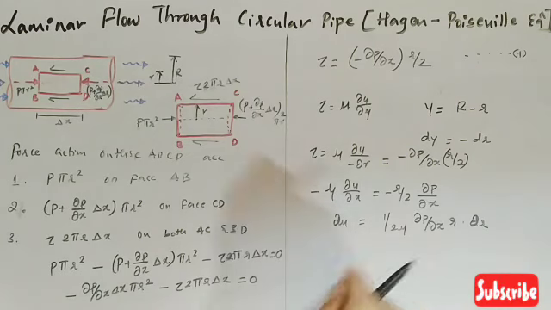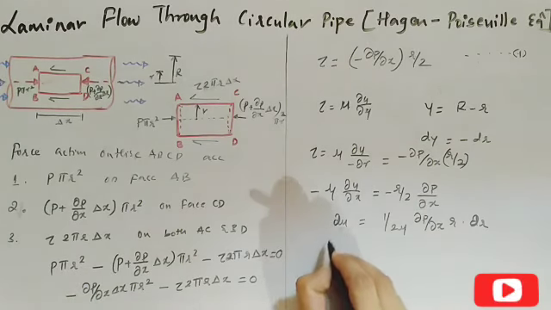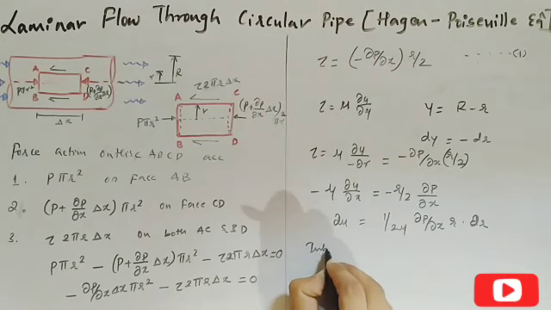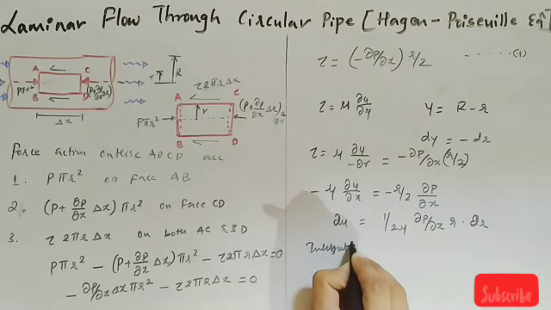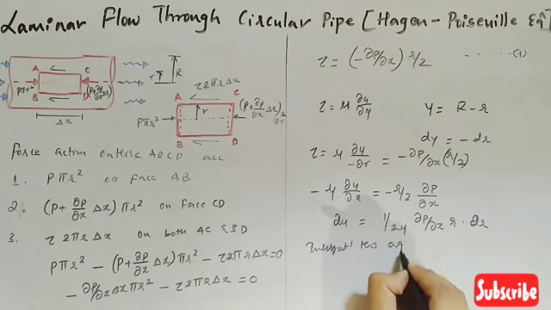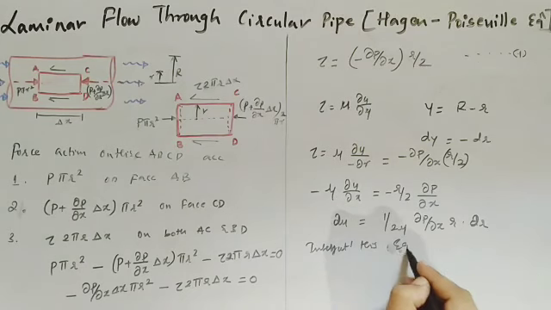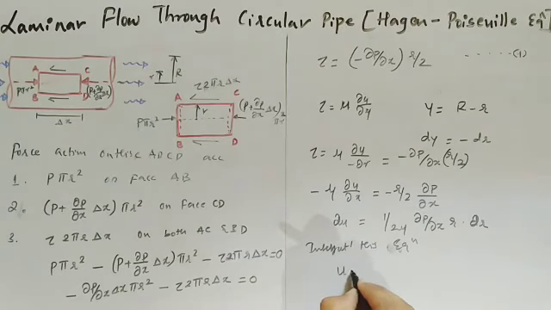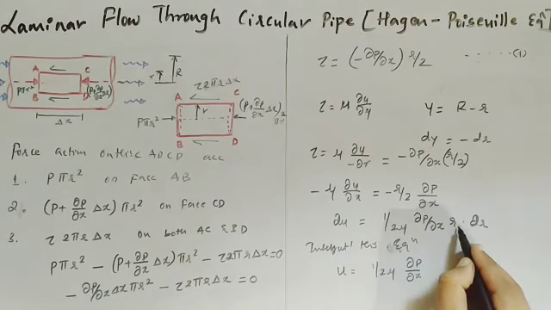Now if I integrate this equation, after integration of the above equation, we get u equals 1 by 2 mu dou p by dou x, r is there, dou r.